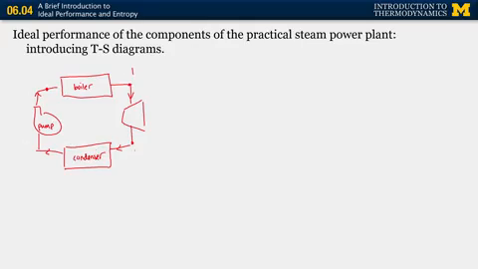And recall, we called that state 1, this is state 2, this is state 3, and this is state 4, exiting the pump. And here's my turbine. And recall, we had work out of the turbine, we had work into the pump, we add heat into the system at the boiler, and we reject heat out of the power plant system at the condenser.